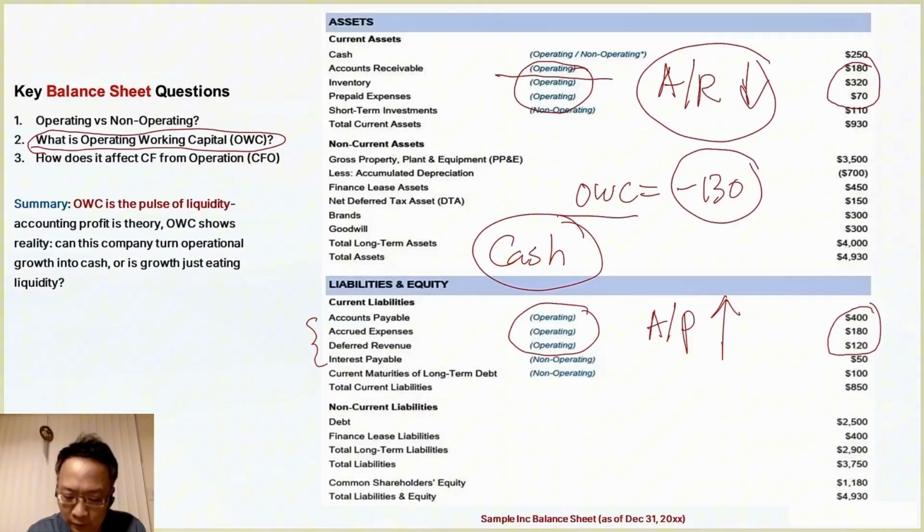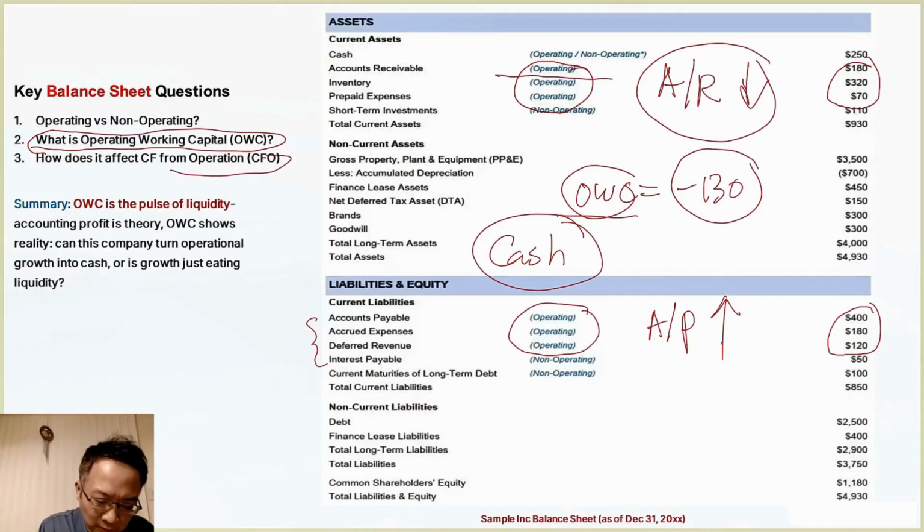It means that most of your revenue is received in cash, while most of your accounts payable or accrued expenses can be postponed for later payment. Of course, there may or may not be interest involved, but other things being equal, you want to pay bills as late as possible and collect receivables as early as possible. That's why we'll discuss the cash conversion cycle, CCC, later. But for now, we're considering OWC.